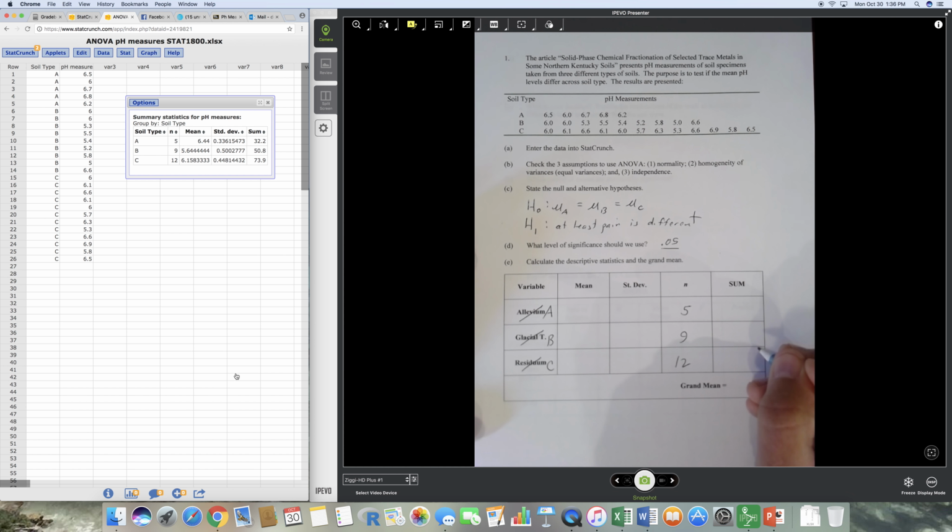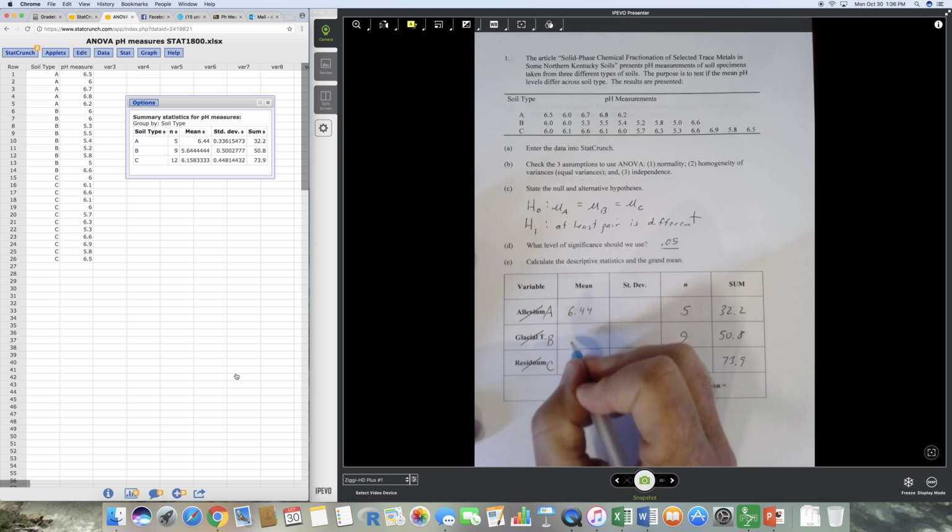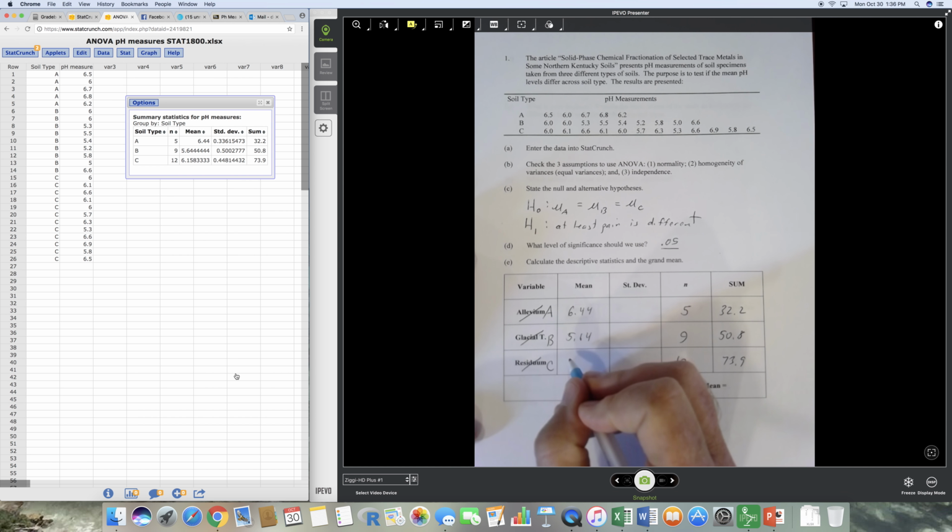Looks like the sums are 32.2, 50.8, and 73.9. And the means are 6.44, 5.64, and 6.16.